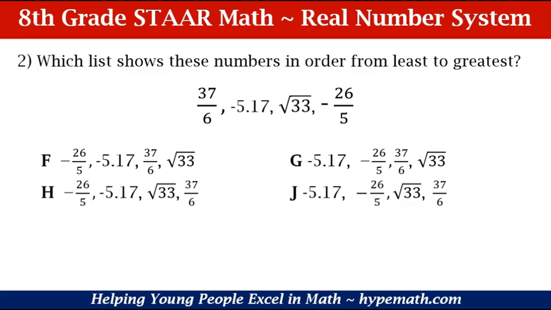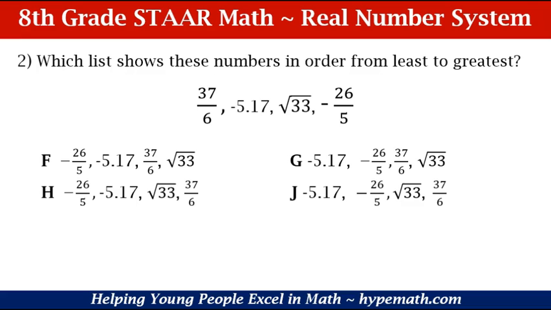G, we have negative 5.17, negative 26 over 5, 37 over 6, the square root of 33. H, we're saying from least to greatest, it's negative 26 over 5, negative 5.17, the square root of 33, 37 over 6.